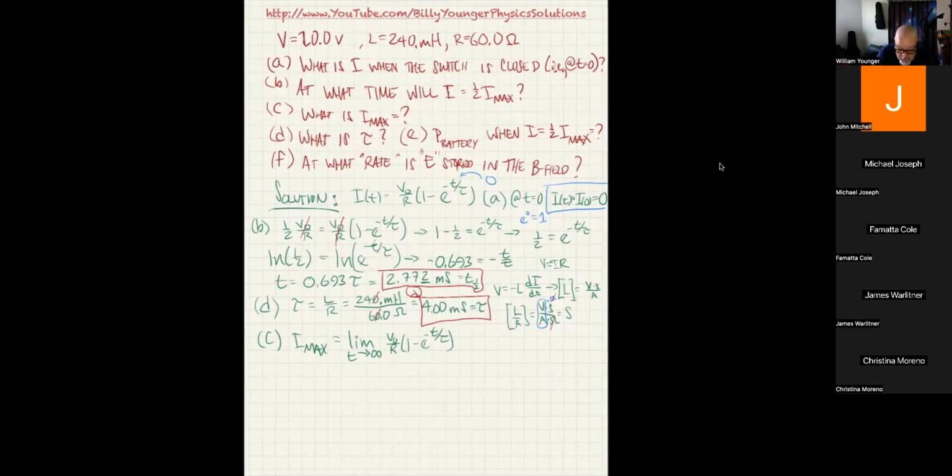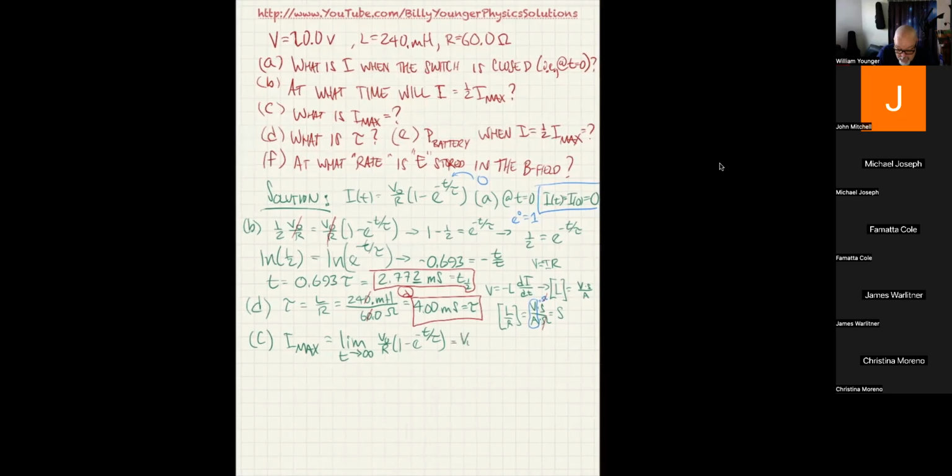So you just get V0 over R. What we know is V0 is 20.0 volts. And R is, of course, 60.0 ohms.